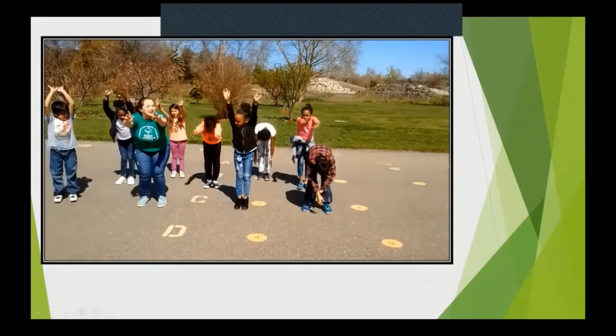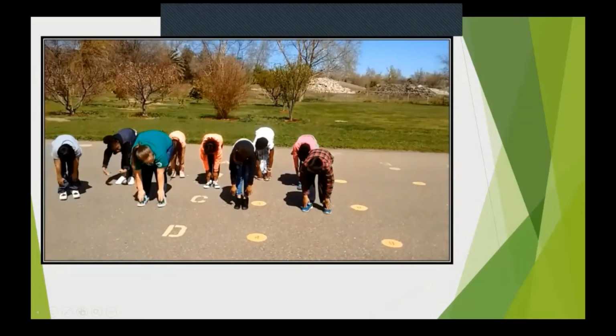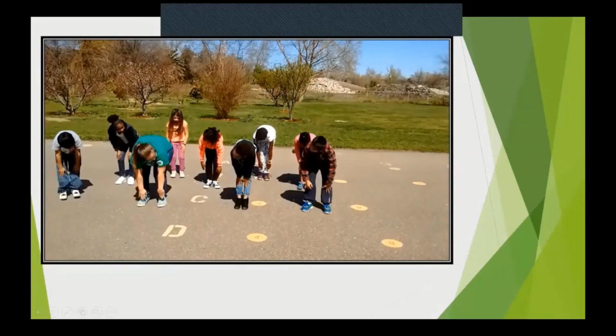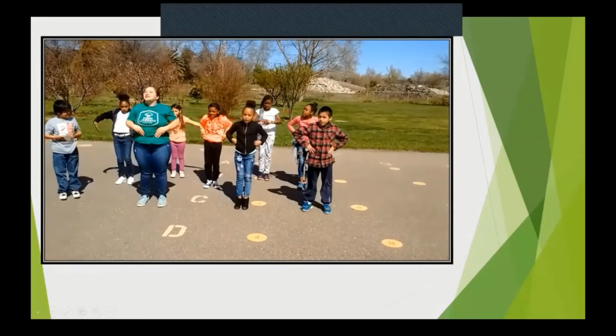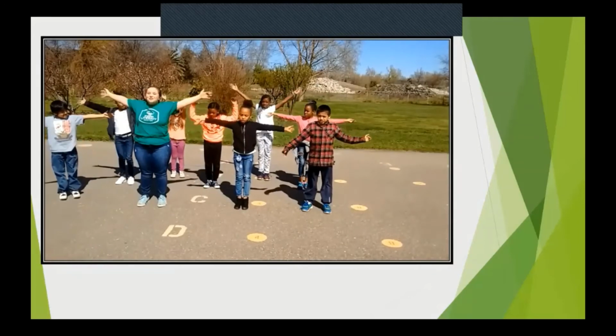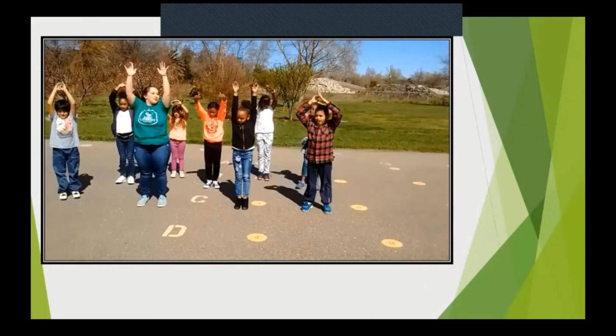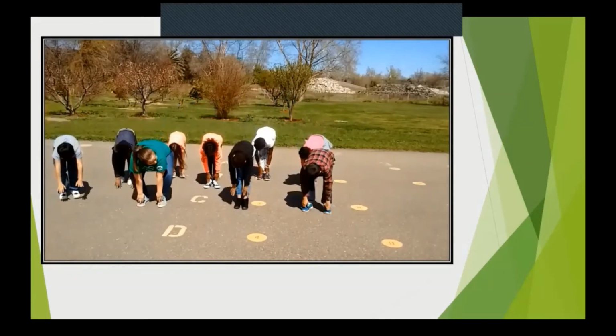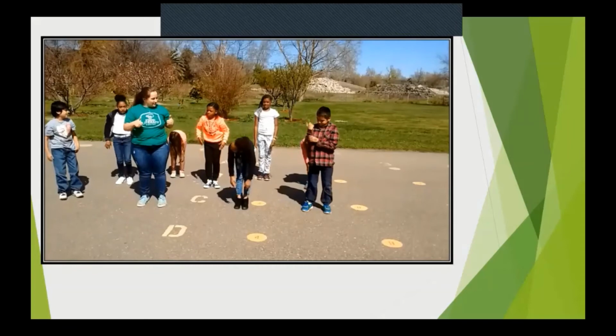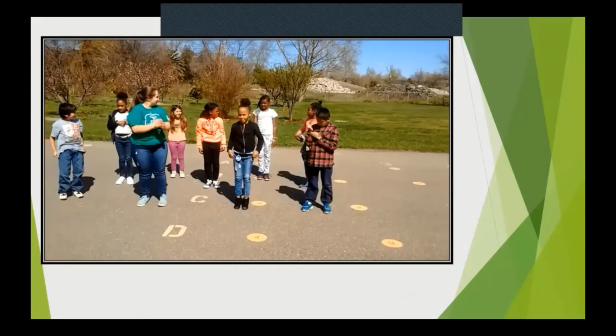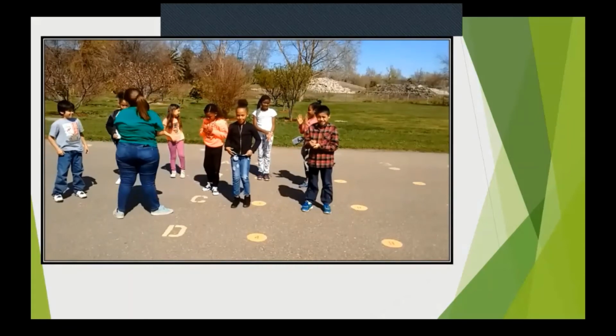All the way back down with our seeds, to our roots, to our stems, to our leaves, to our flowers, to our fruit, all the way back down with our seeds. Yay! Thank you guys.